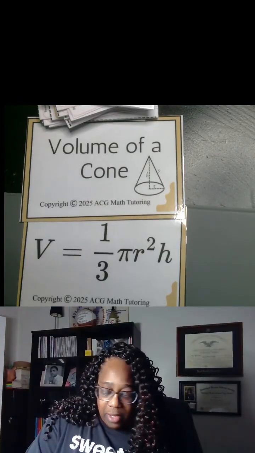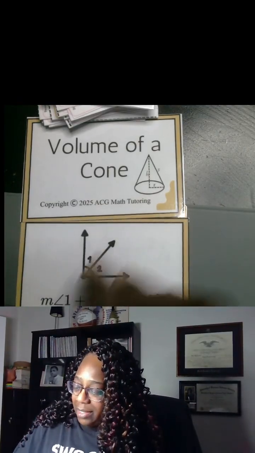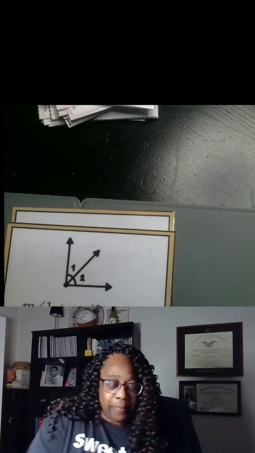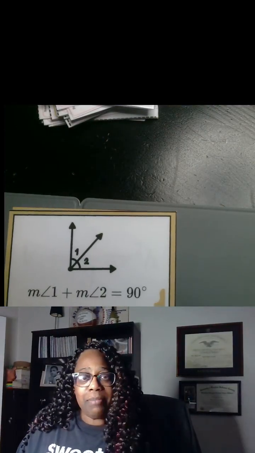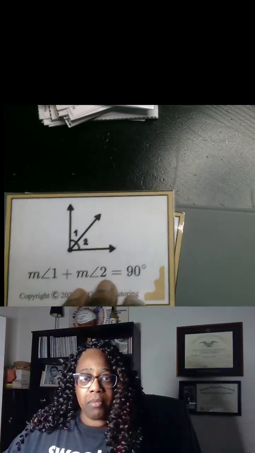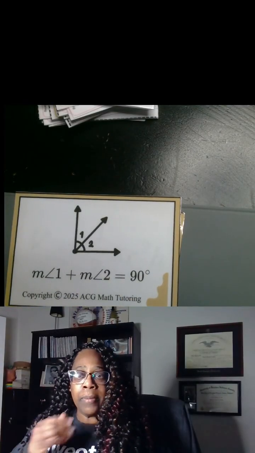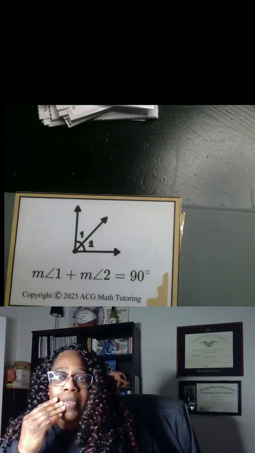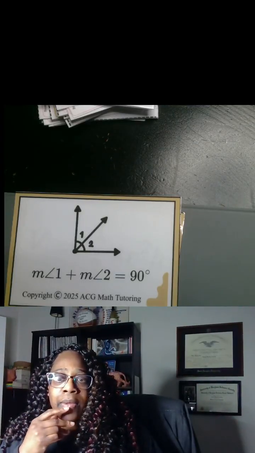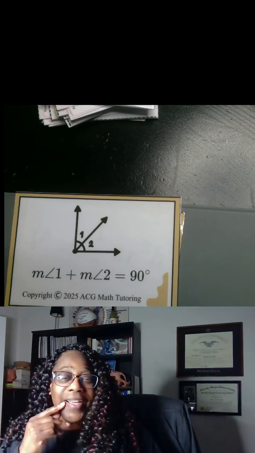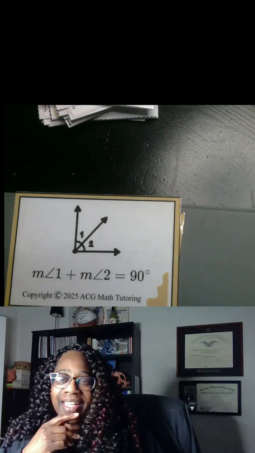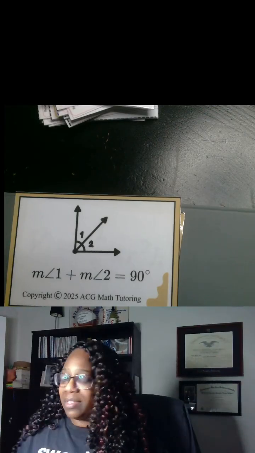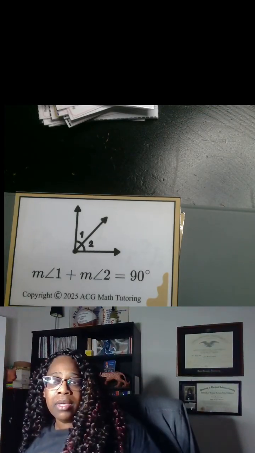Another thing will be, what is this? Let me get rid of this for a second. What does this mean? Okay. Hey, John, how are you? Tony thinks it's complementary. Okay.